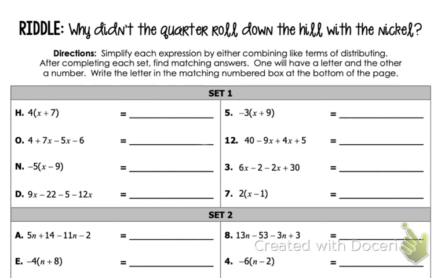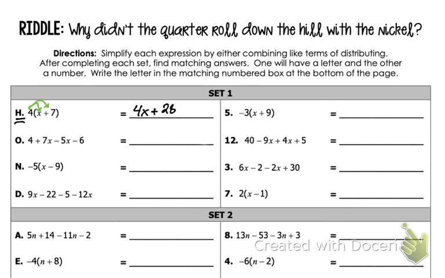When I distribute this 4 to both things, we should end up with 4x plus 4 times 7 is 28. All right, see how there's an H there? Keep that in mind. When you do this side, there's actually one that matches up with this answer.